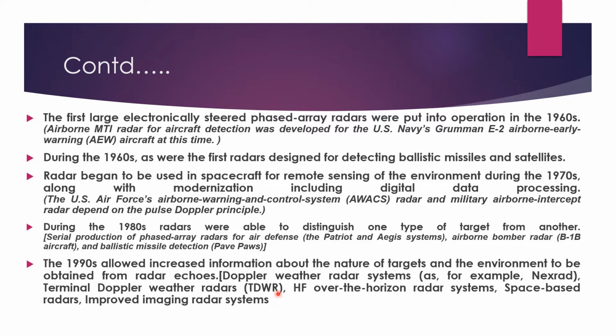Air traffic control means the traffic in the air, which is basically of aeroplanes and aircraft only. Like we have traffic control for land, we have traffic control for air, and the traffic control for air is carried out by radars.